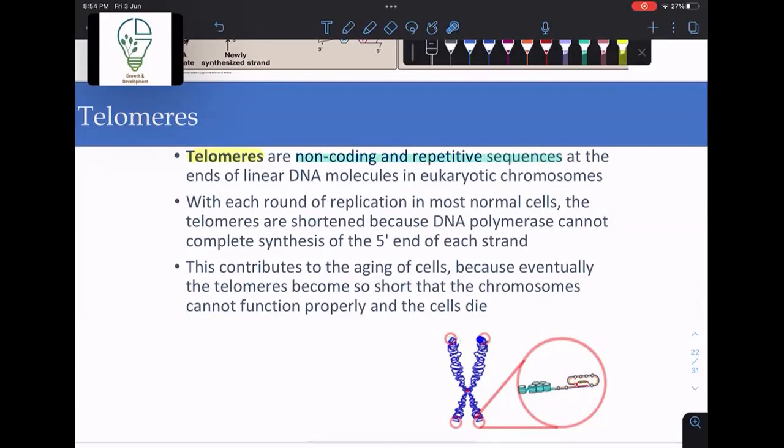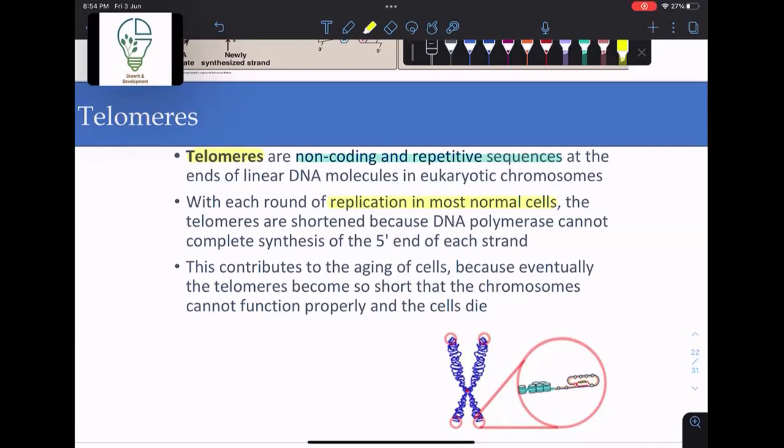With each round of replication in most normal cells, the telomeres are shortened, because, remember, I said extra DNA and incorrect nucleotides are removed. So with every round of replication they get shorter and shorter.